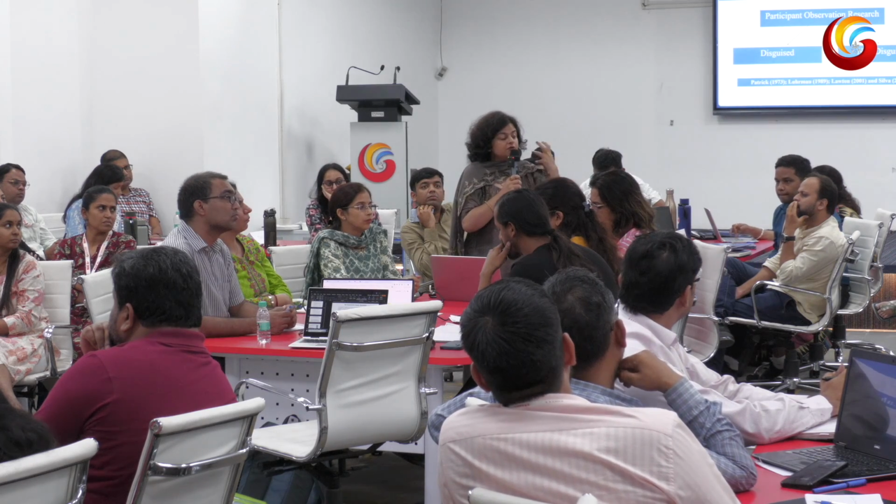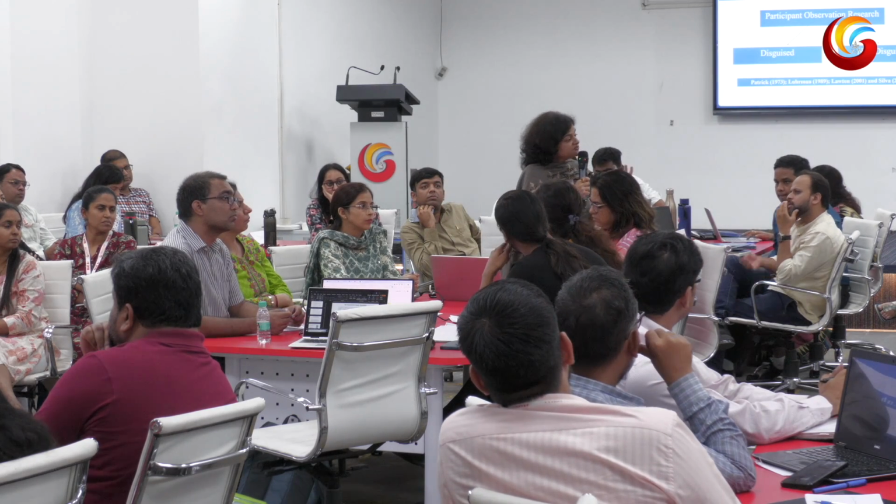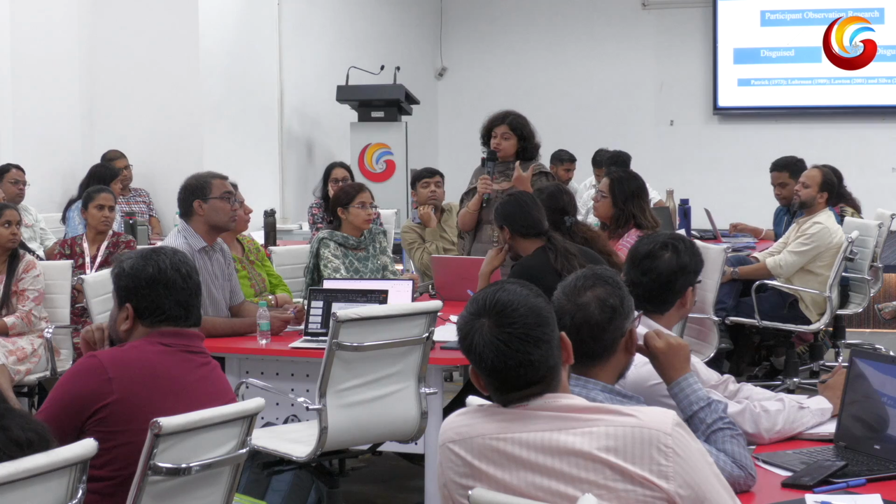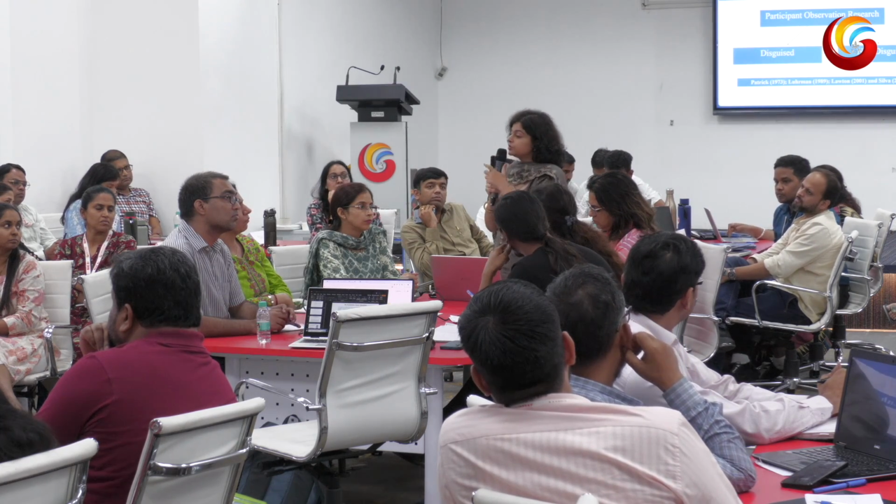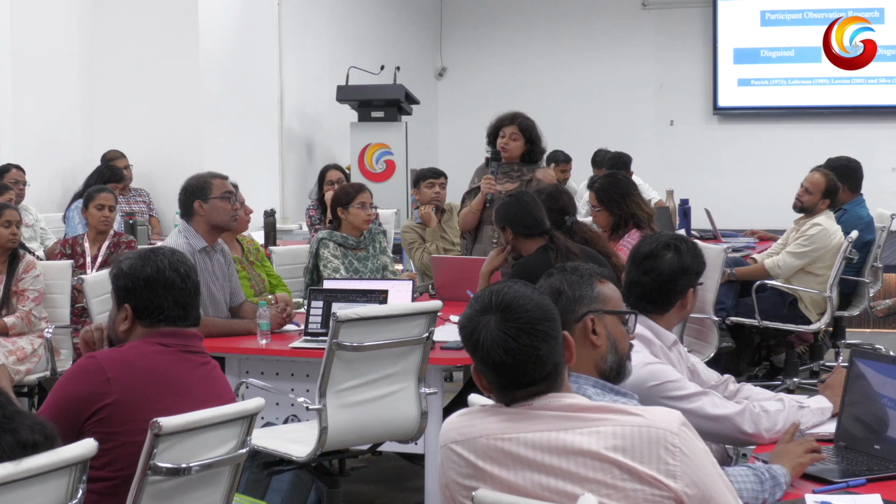Ruth Cavendish was an Australian researcher, and she performed a research to understand the working conditions of women in a factory. Since she was involving herself into disguised participant observation research, she enrolled herself into the factory as a worker.